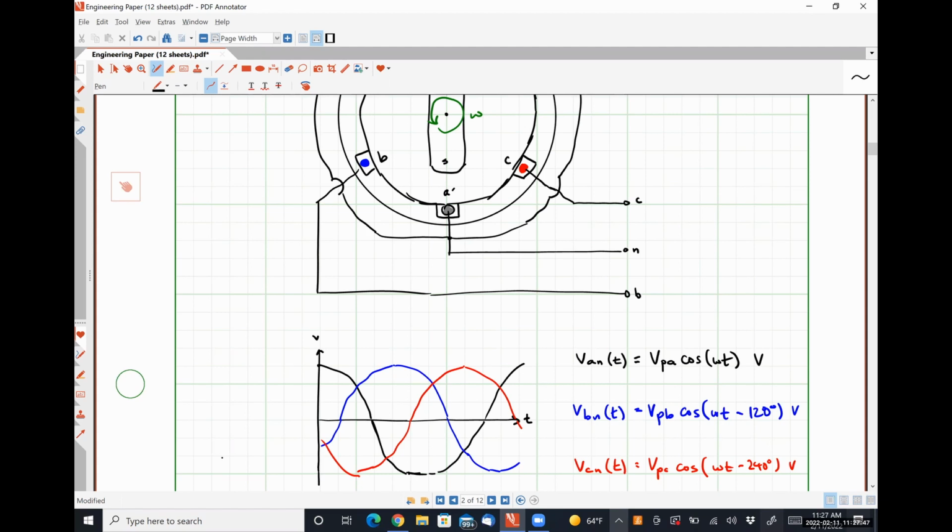What if omega were spinning in the opposite direction? That's what's called a negative phase sequence. A lags B by 120, which lags C by another 120. So effectively, it would just change the sign on the phase angles, but all of the other relationships would be identical.